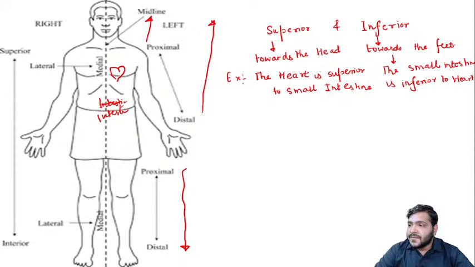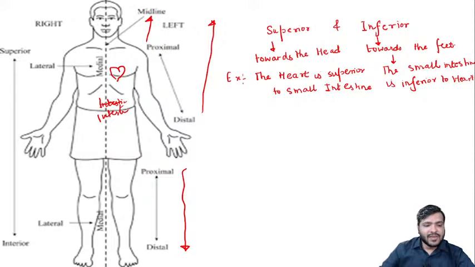So superior and inferior basically means that towards the head it will be the superior part or the upper part of the body, and the inferior is towards the feet. With the help of an example I'm just trying to distinguish two parts in the body and how they are located, superiorly or inferiorly.